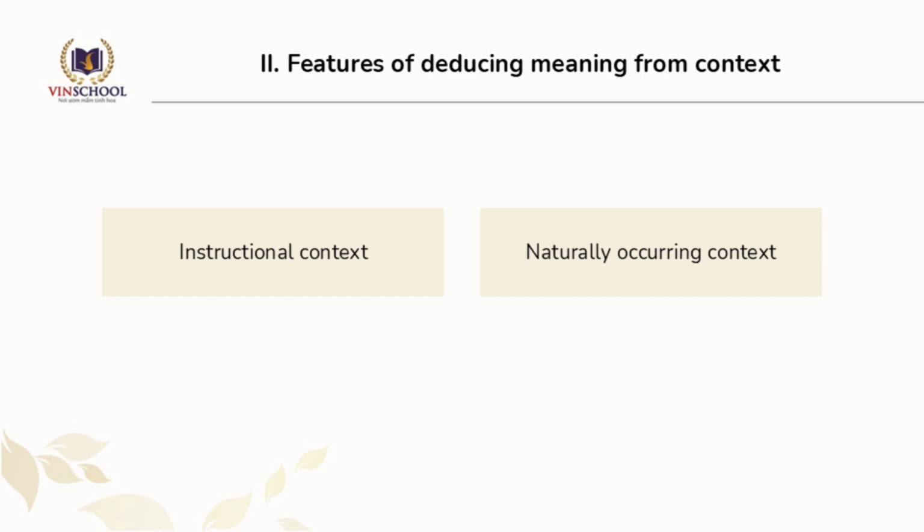Instructional contexts are deliberately created to provide strong clues to a word's meaning, helping learners grasp new vocabulary more effectively. On the other hand, naturally occurring contexts come from prose that authors craft to tell stories or convey information. In these situations, the author's primary goal is to create engaging prose rather than provide explicit context clues.